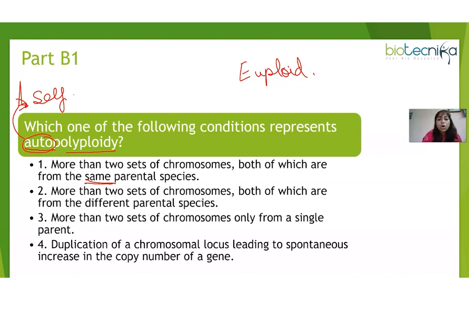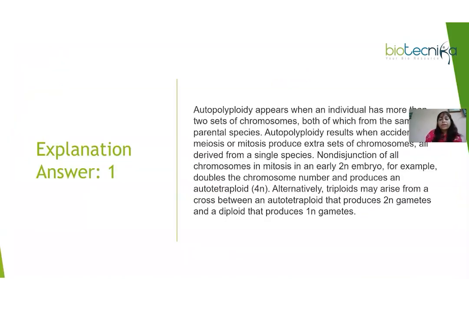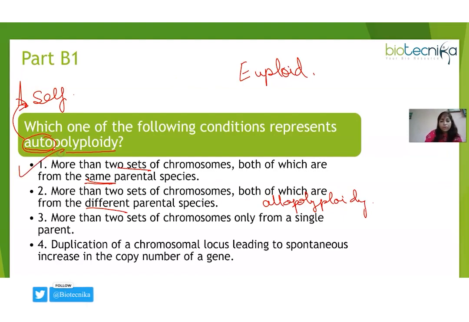Fourth, duplication of a chromosomal locus leading to spontaneous increase in the copy number of a gene. No. Autopolyploid will be more than 2 sets of chromosomes, both of which are from the same parental species. The other one, from different parental species, is called allopolyploidy. So the answer will be option 1.